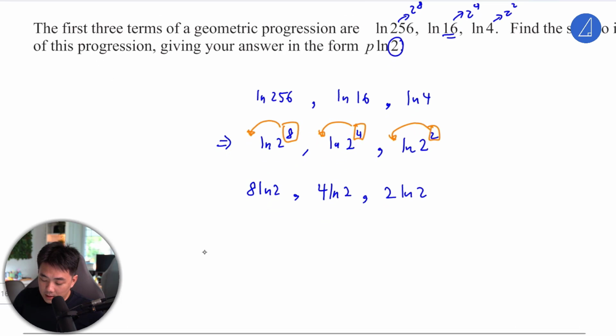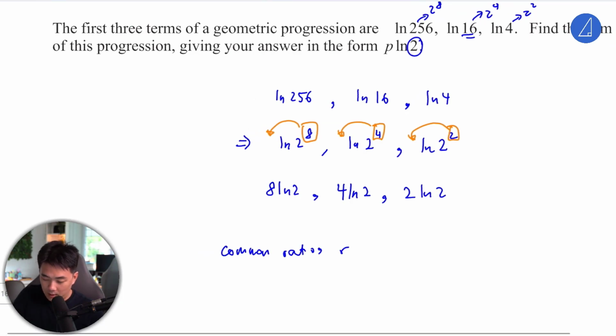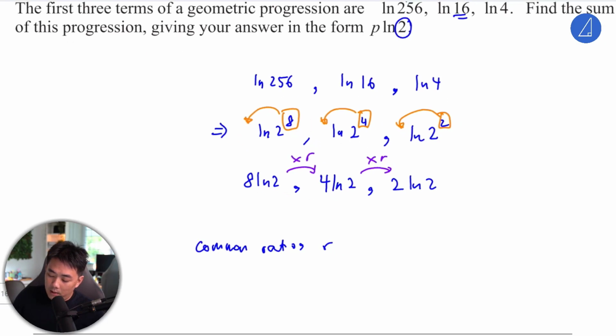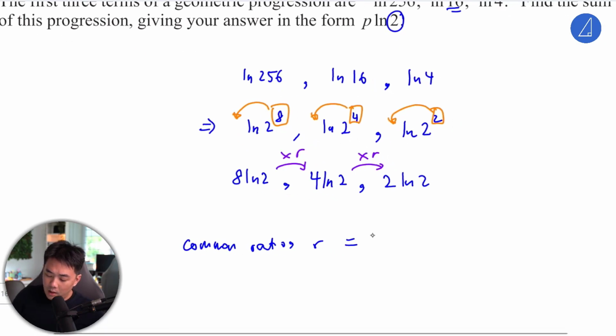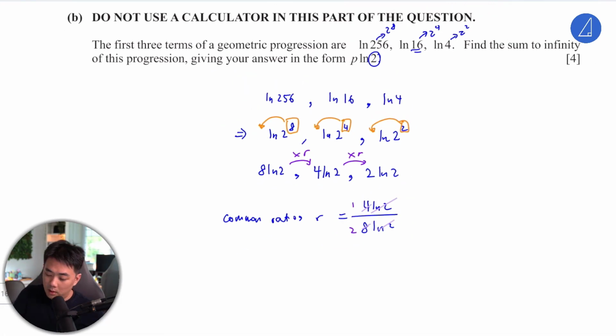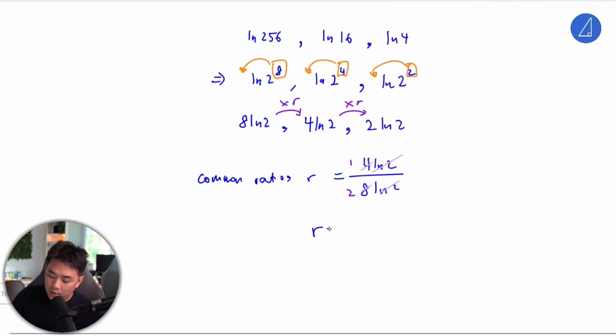So in this case here, the common ratio, which is the multiplier for each term, I'm going to write as r. It will be just 4 ln 2 over 8 ln 2. We'll cancel it away, and this will be 1 over 2. So r is just equal to half.